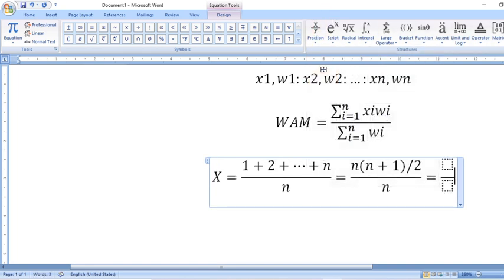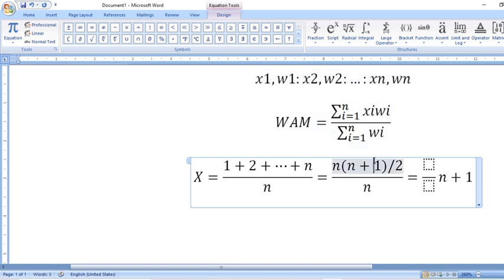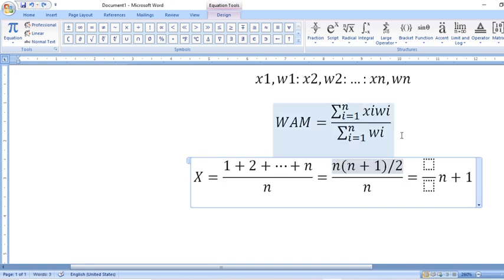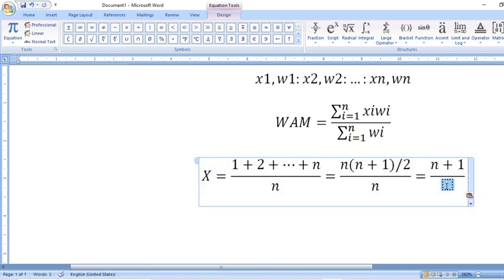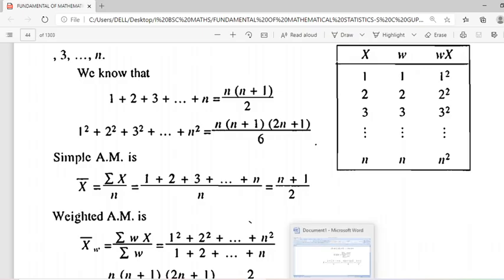So what will be the result? n gets cancelled, so the remaining term is n plus 1 by 2. Okay, so that is the formula given here.